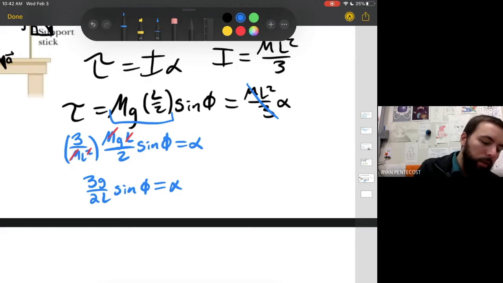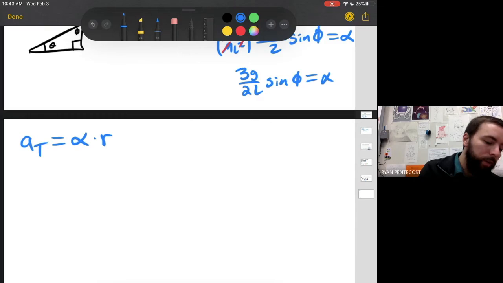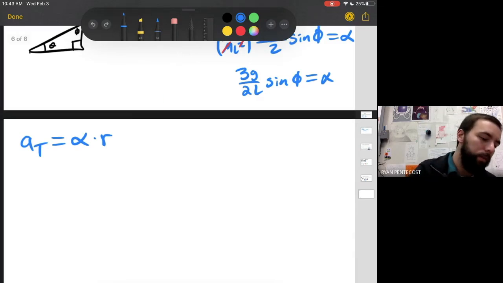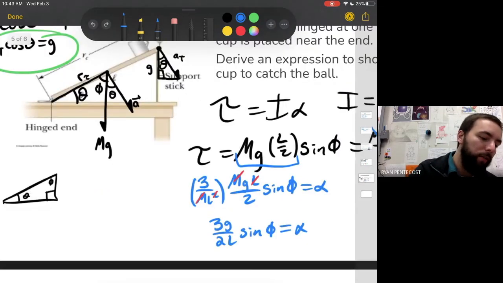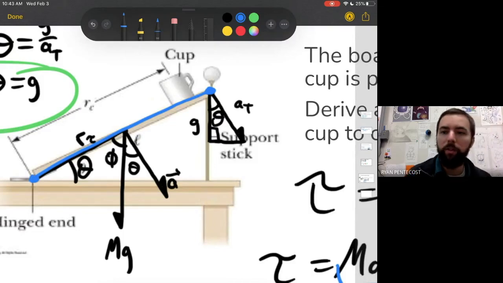Now, to get from angular acceleration to tangential, you've got the equation a_T is alpha times radius. But that's a different radius. Don't forget that radius is the radius from your point all the way back to the pivot, because tangential acceleration is different for every point along a radius.